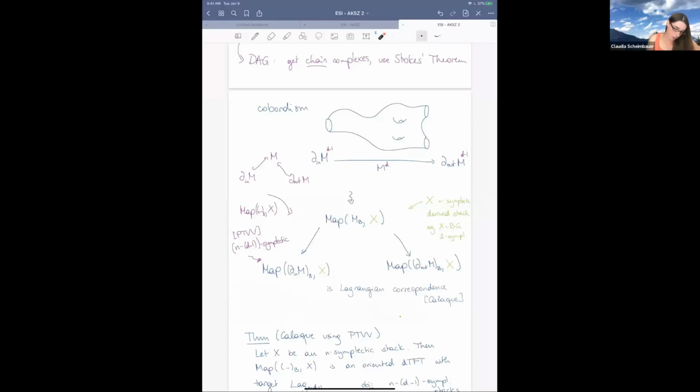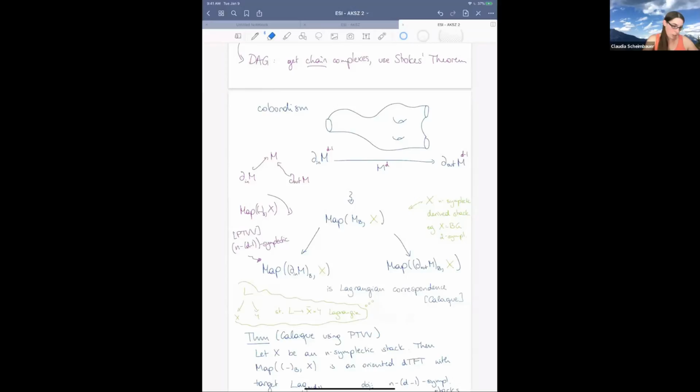So part of the statement that this is a Lagrangian correspondence includes that these bottom parts here are now symplectic with a certain shift, and that this correspondence here is Lagrangian. Does that answer your question? Yes, thank you. Absolutely. Okay.